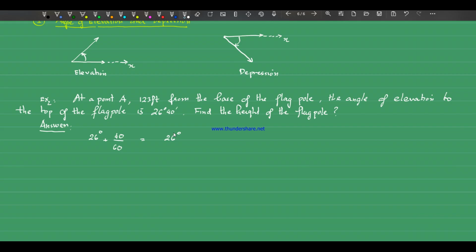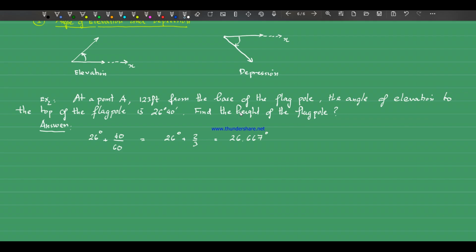So 2/3 is 2 divided by 3. So we end up with 26.667 degrees. Okay.